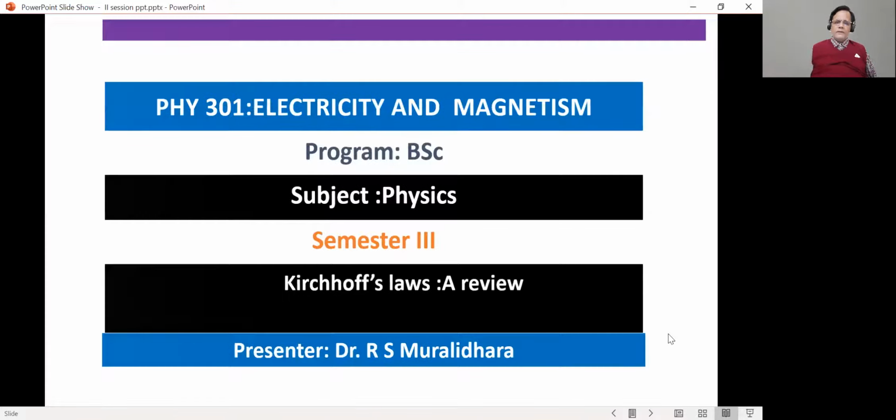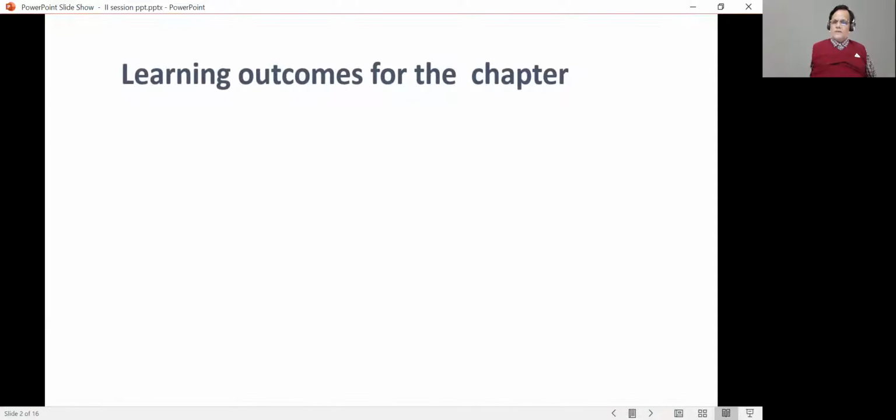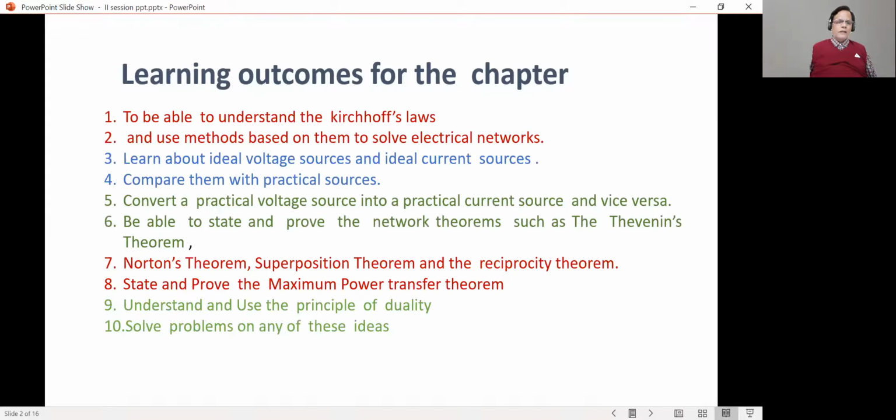To start with, we have to understand some of the terms that are associated with the Kirchhoff law methods. Before that, we can look at the learning outcomes for the entire chapter itself.